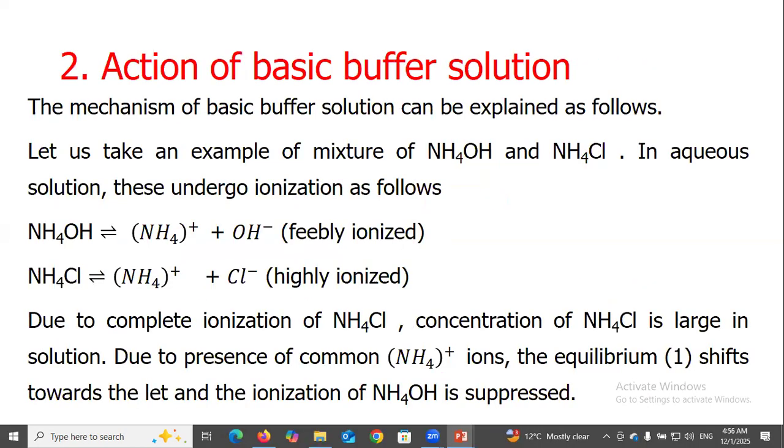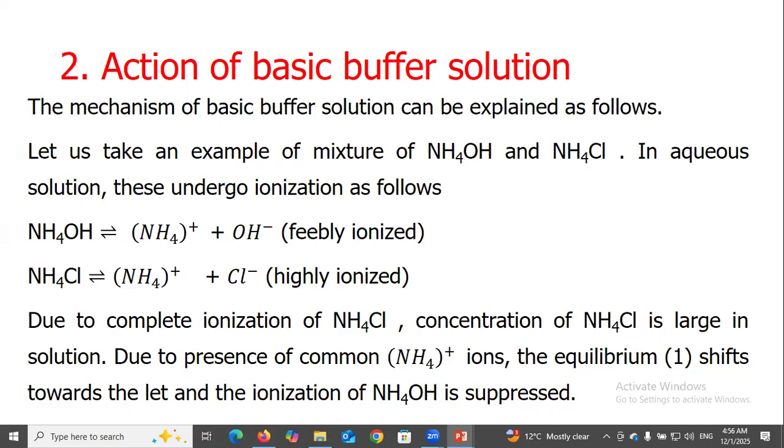Action of basic buffer solution: the mechanism of a basic buffer solution can be explained. Just consider an example of a mixture of ammonium hydroxide and ammonium chloride. In aqueous solution, these undergo ionization as follows.